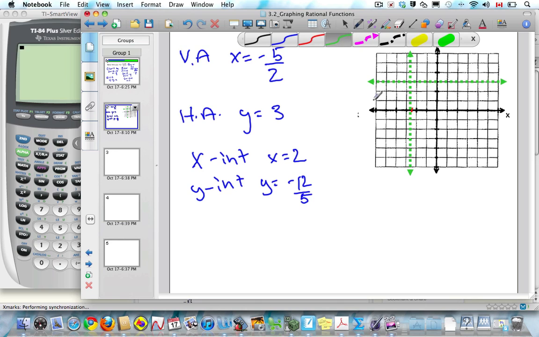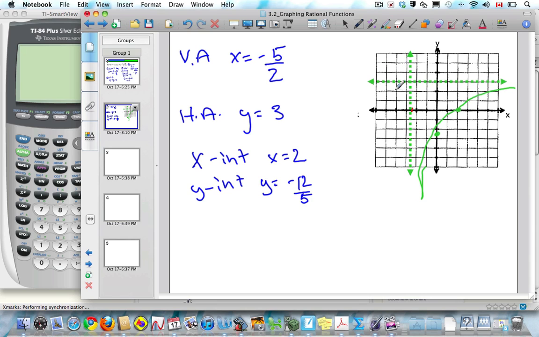My x-intercept is at 2 here. My y-intercept is at negative 12 over 5, which is around negative 2 and a bit. So I have 4 parts here. This one here is definitely going to be below the asymptote, and so I can sketch it roughly here.